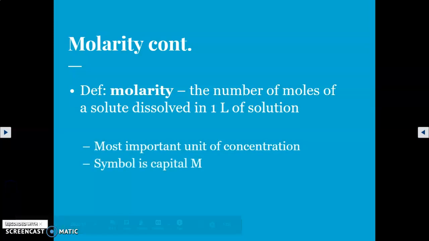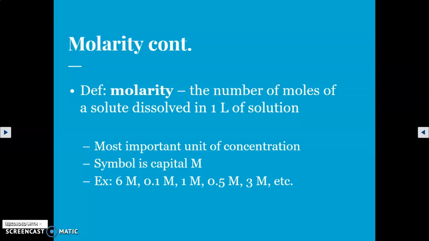You're going to see the units are symbolized with a capital M, and you probably have seen this in the lab already. Back when we were doing labs, you might have been directed to use a capital 6 capital M HCl, which stands for a 6 molar solution of HCl. Molarity can be any number.